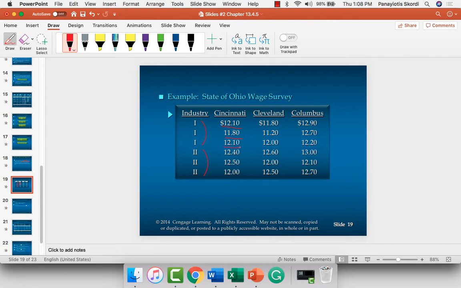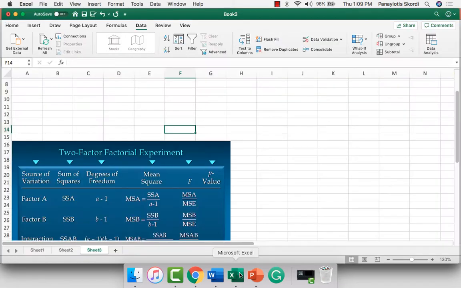They didn't have to do it a 3rd time. If they do it a 2nd time, that's enough to be a 2-factor with replication. But they actually repeated the experiment 3 times, and they also did the same thing for Industry 2. They went to 3 different places to find out what the hourly wages are. So this is going to be a 2-factor with replication question.